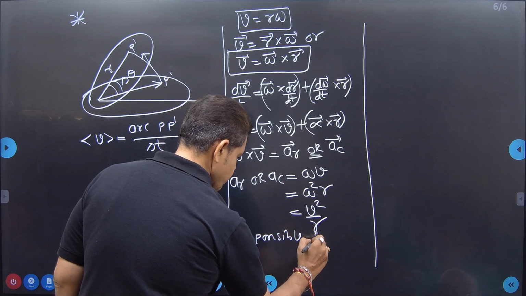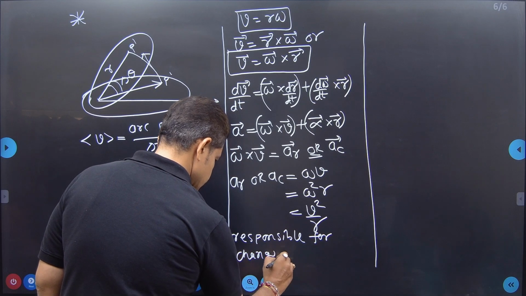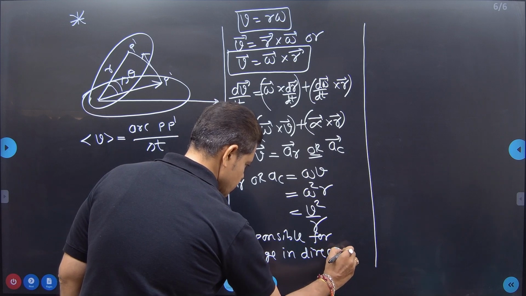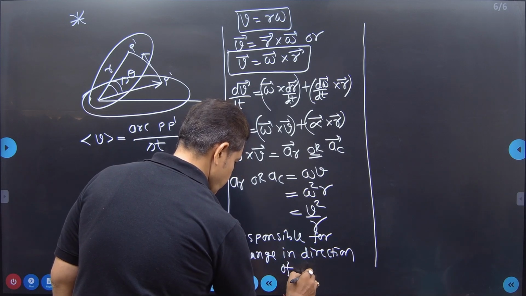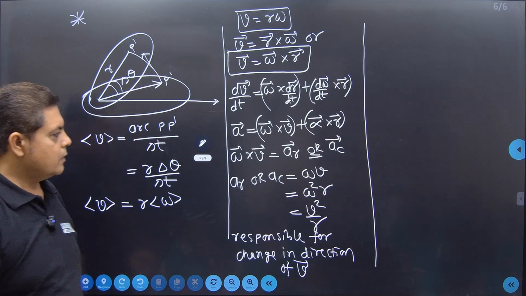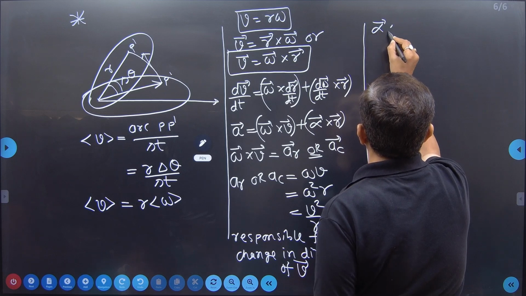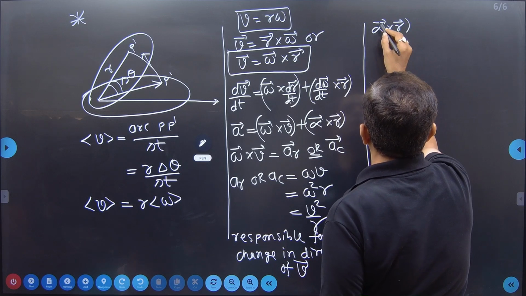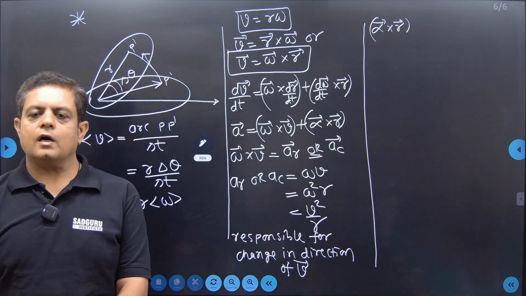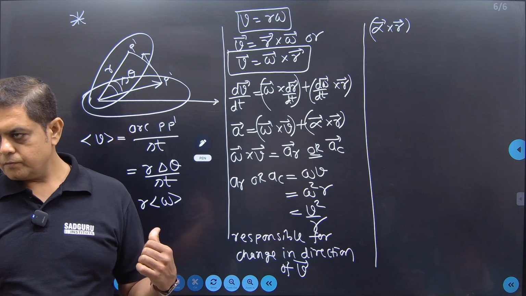Responsible for change in direction of velocity. Similarly, if I find the direction of alpha cross r, it is in the direction of tangent.